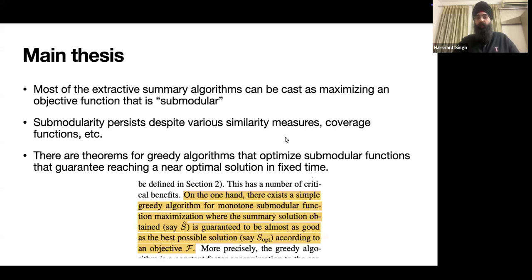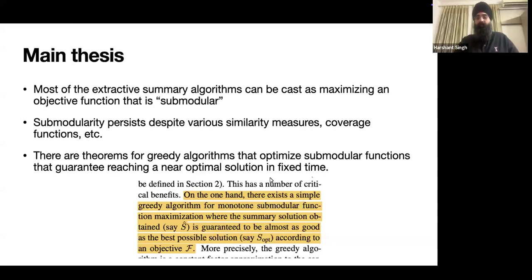I'll come to what submodular means, but submodularity provides an opportunity for some formalism, because there can be many similarity measures and coverage functions, but submodularity persists because most of these functions that you write can be shown to be submodular. I'll just come to this. I'll describe why this is useful.